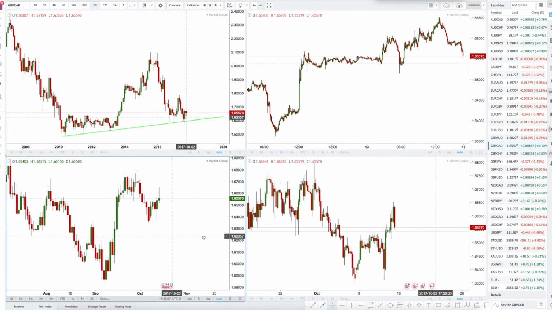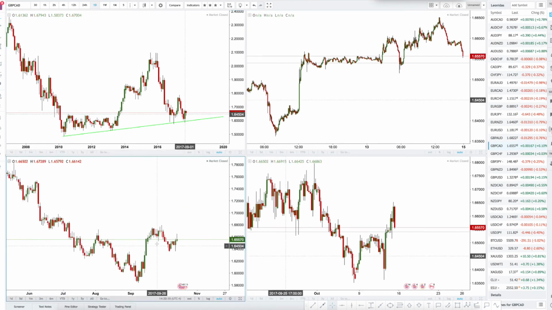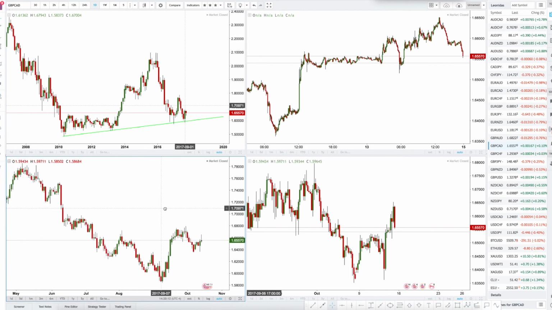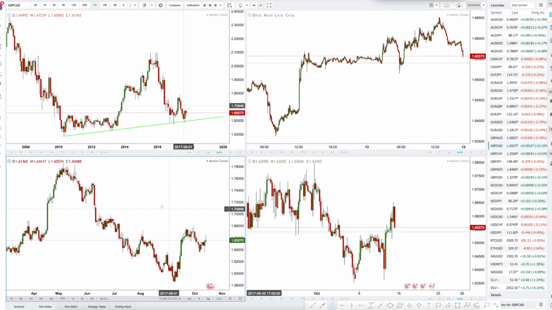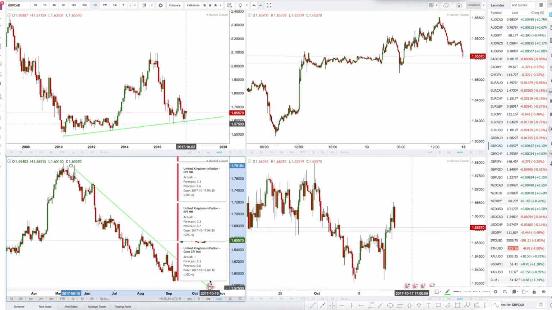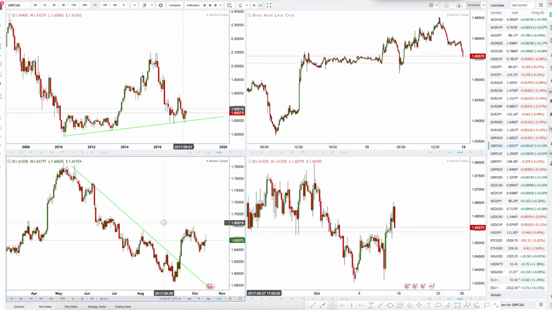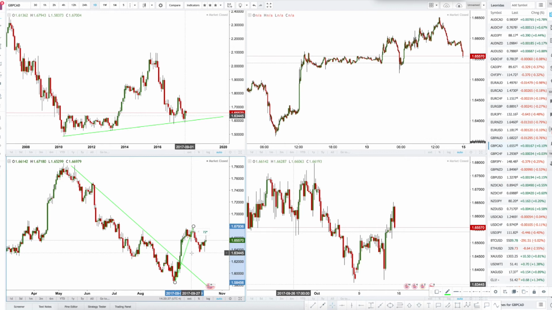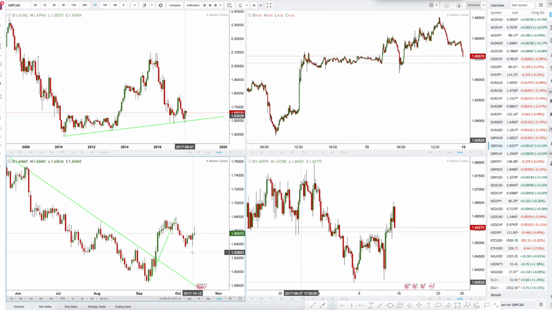But let's look at daily. We definitely had a pretty strong downtrend here. That was broken. All right. And now we're making a move up with a pullback to this SRS that I failed to buy.